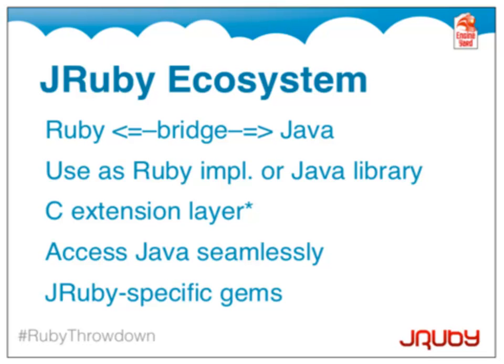As a result, a lot of popular Java libraries that are rock solid, things like Lucene for document indexing and searching, have sprung up little wrapper gems around them, where you basically write pure Ruby code and create a nice Ruby API around the Java classes, and you can package them up as a gem and release them to rubygems.org. And these, of course, are JRuby-specific gems, but they give you a nice, easy way to work with existing Java code or legacy Java code.